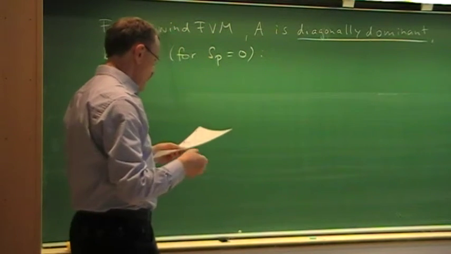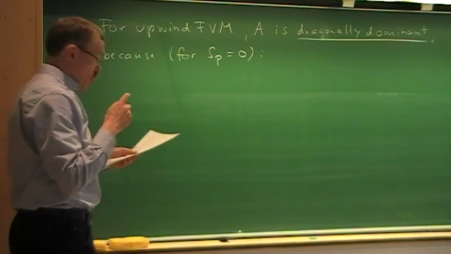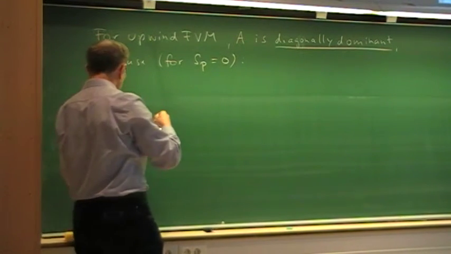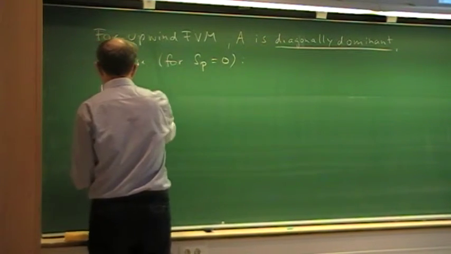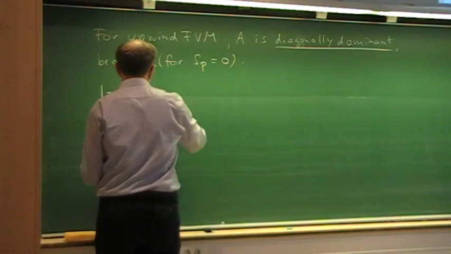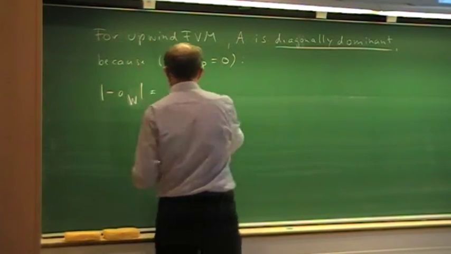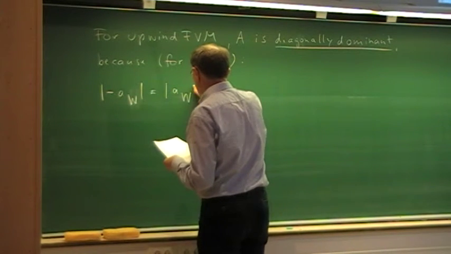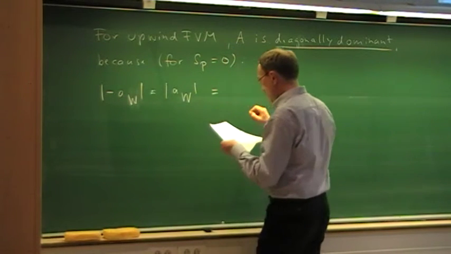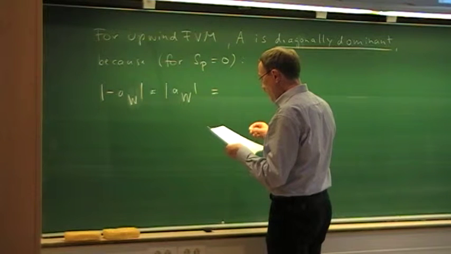The source term is always a discussion on its own. The coefficient that we have on the western side in the system is minus AW, capital W. That will appear in the lower subdiagonal, and the modulus of that is simply AW, and since it is positive, we have already argued for that before.